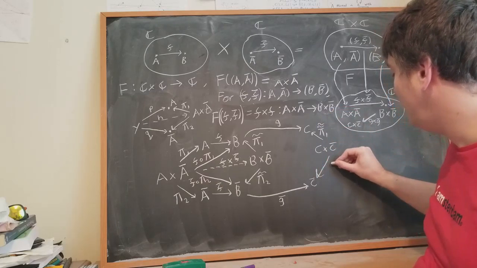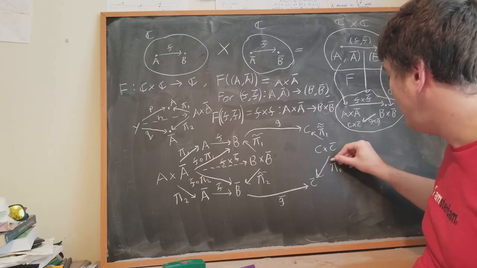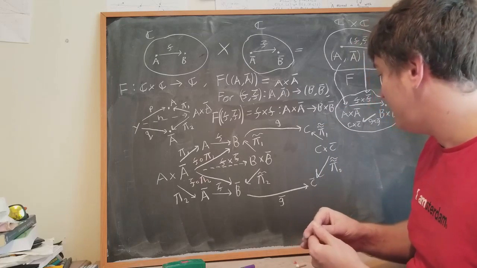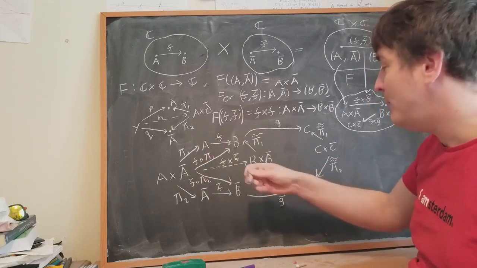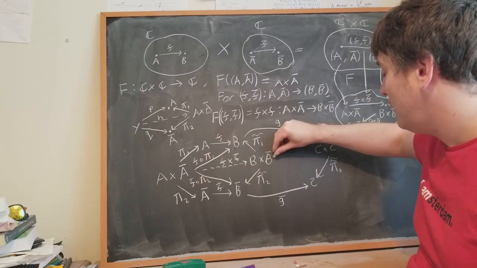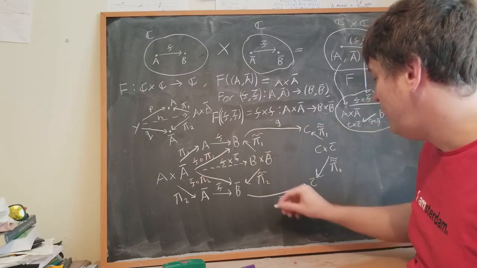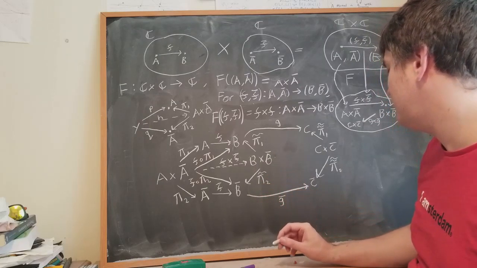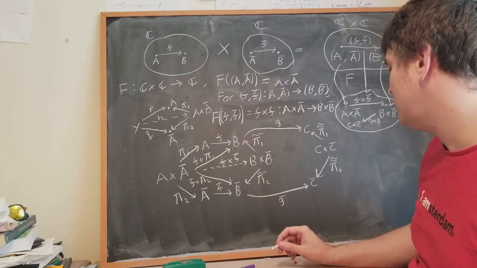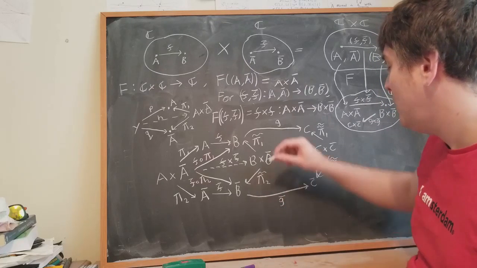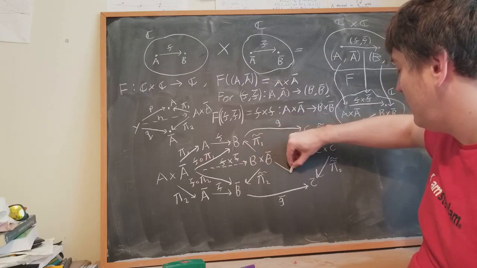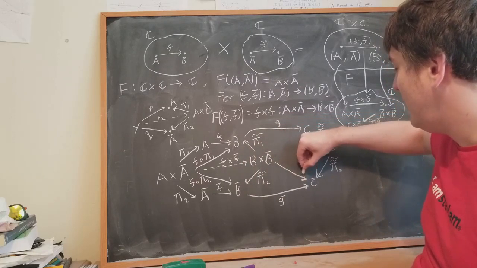We have pi 1 squiggle and pi 2 squiggle. And again, by the same type of logic, well, here, let's draw it in. If we go along here and here, we get an arrow like this.